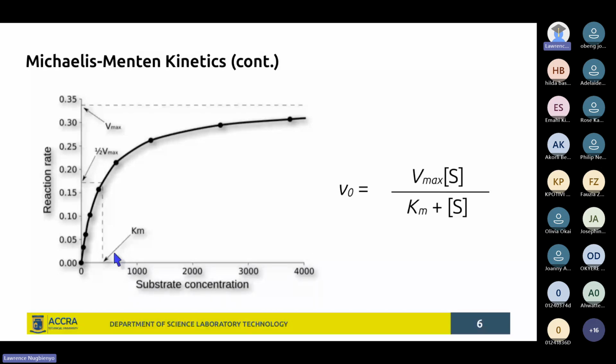The Michaelis-Menten constant is the substrate concentration at which half of the maximum rate of reaction is reached.